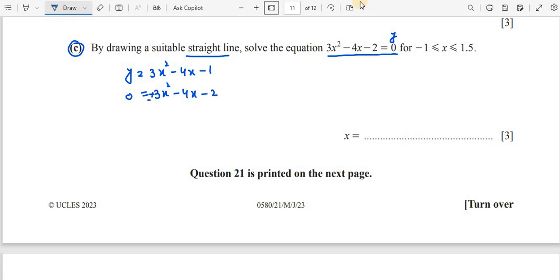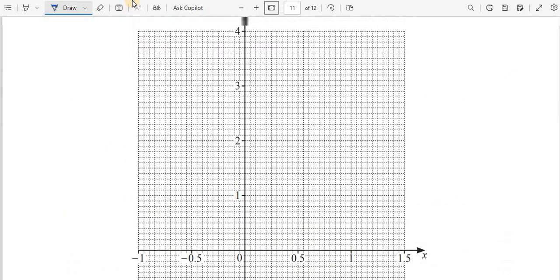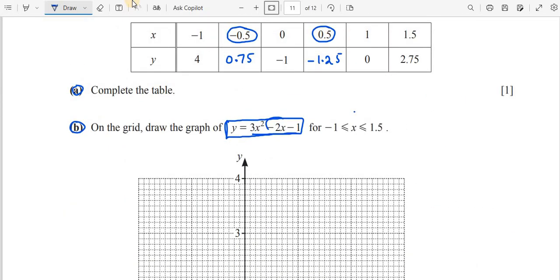Here it is plus, minus, minus, plus and plus. So they cancel with each other. So minus 4x and plus 4x. Here it is not 4x, here it is 2x. This one is minus 2x.